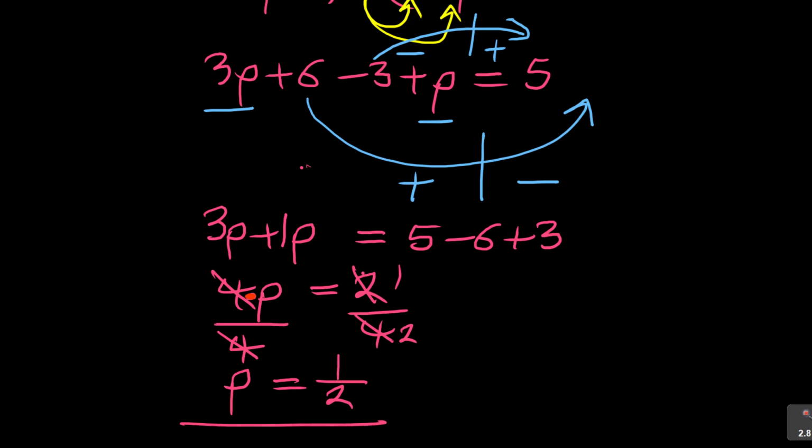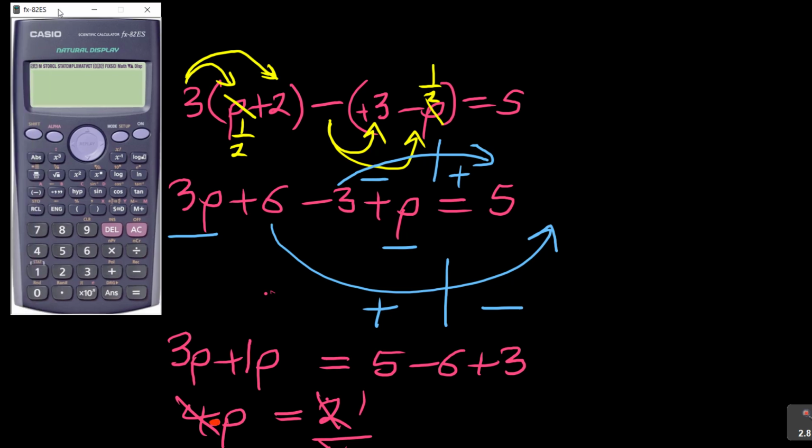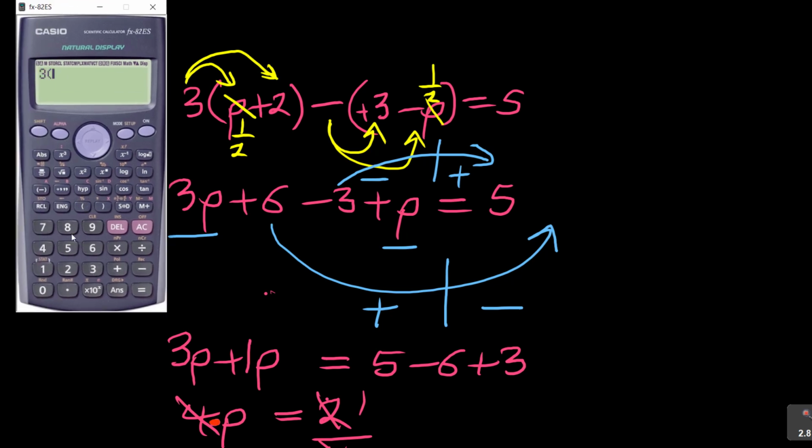But don't forget, I told you can test your answer here, whereby where there is this particular p, you have your 1 over 2, and where there is this p, you have your 1 over 2. It's very important to test the left hand side and the right hand side. So if you can take again the calculator and you test to say here 3 bracket that p is 1 over 2, then plus 2, you close the bracket, minus 3 minus 1 over 2, you see that.